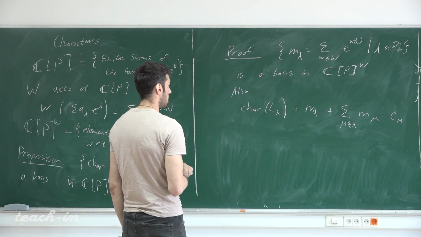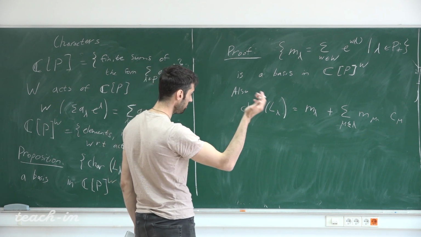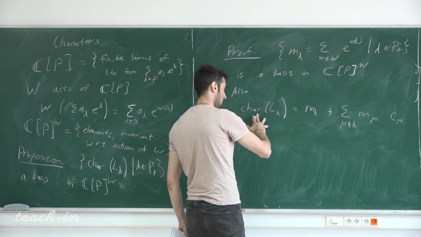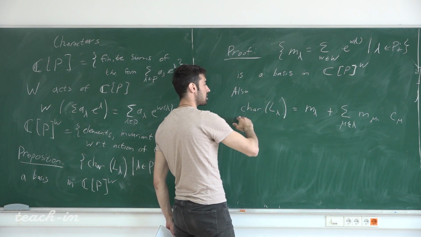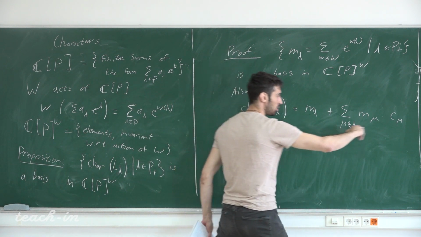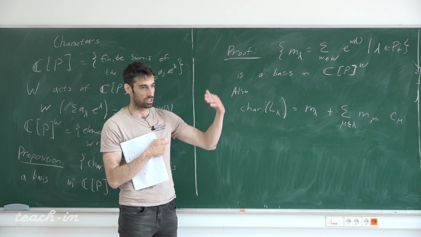Okay, but this means that the transformation from this, this means that the characters of L lambda are written in terms of this basis using some upper triangular matrix.